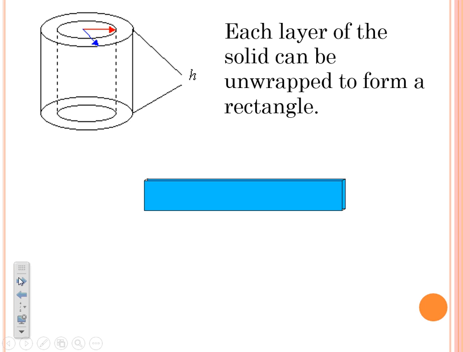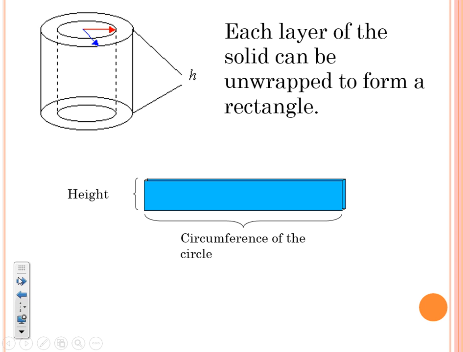So this represents where it's twisted around. This is the circumference of the circle right there. You picture that? This is the height of our cylinder, or our shell. And then we have our thickness.